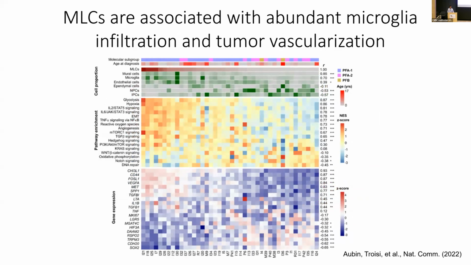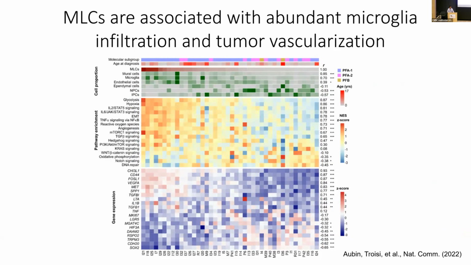So then we went to the larger cohort of tumors that had been profiled at the bulk level, and using gene expression deconvolution methods, tried to see whether that data were also consistent with this hypothesis. So here we have the 42 tumors that were profiled at the bulk level, arranged from left to right according to the inferred abundance of mesenchymal-like cells.